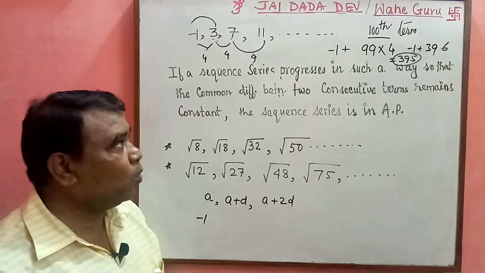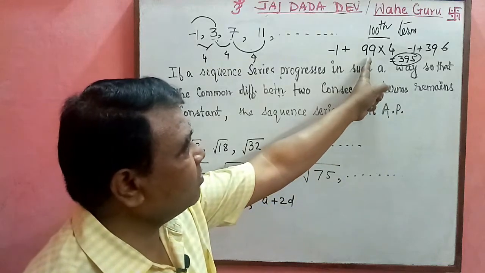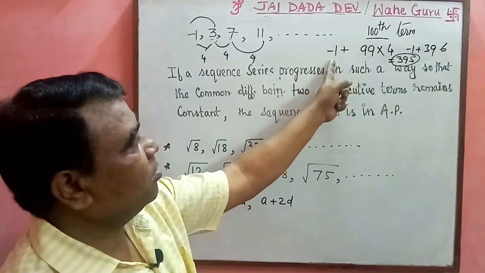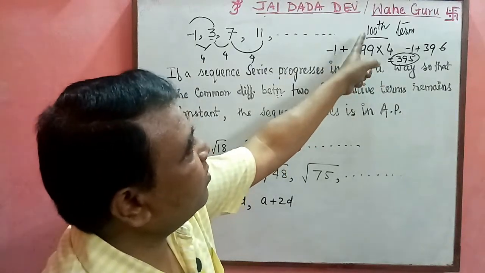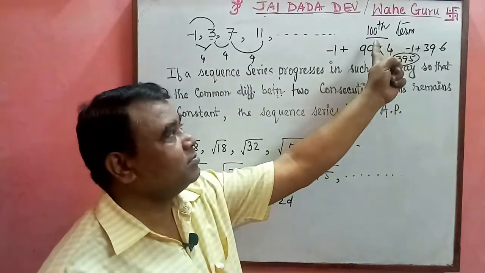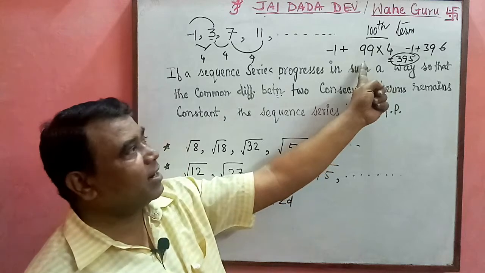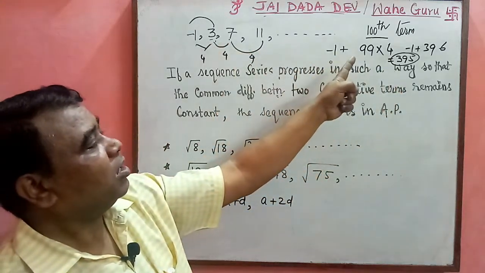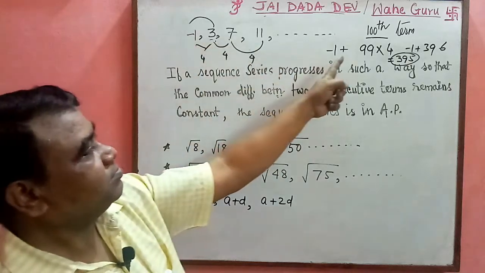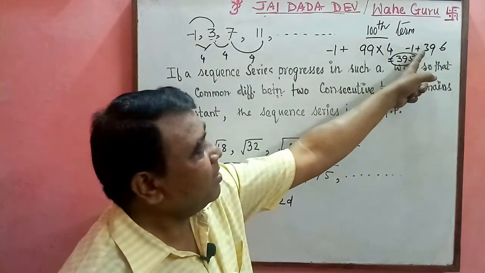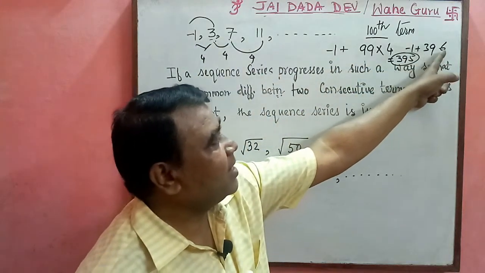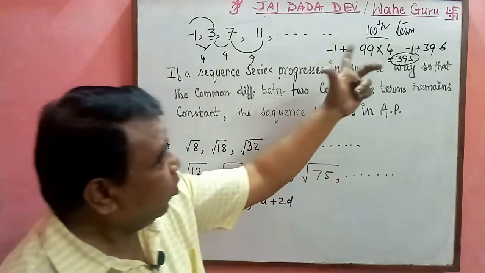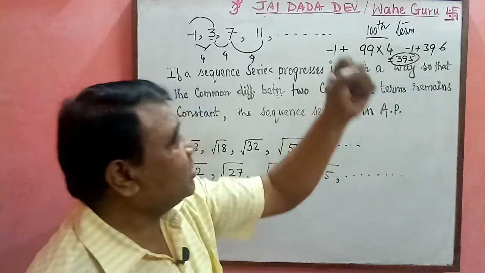So 1 less than the number of terms into the common difference plus the first term will give me that term. That means to find the 100th term, this is 100 minus 1, 99, into common difference 4, plus the first term. So I am getting minus 1 plus 396, this is 395. How did I get this?